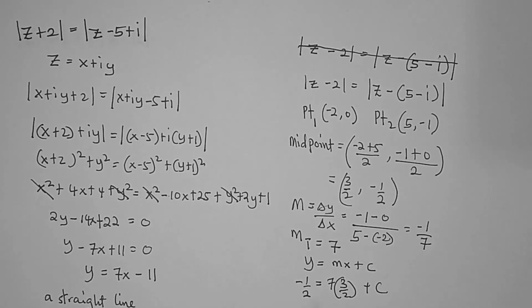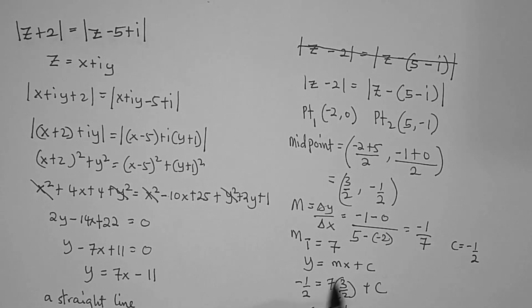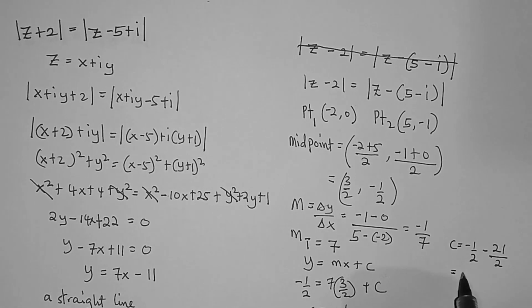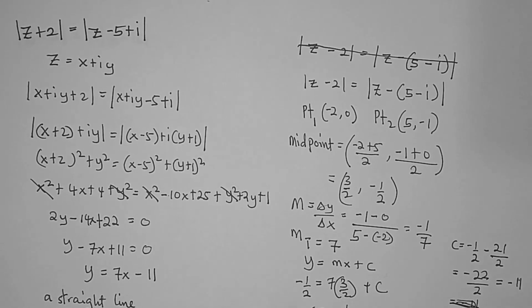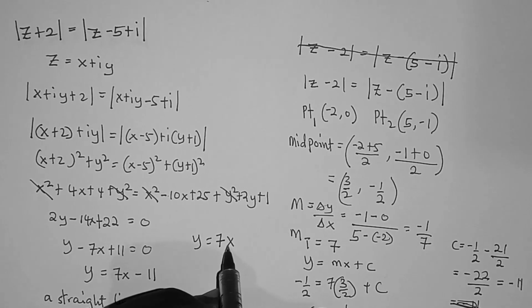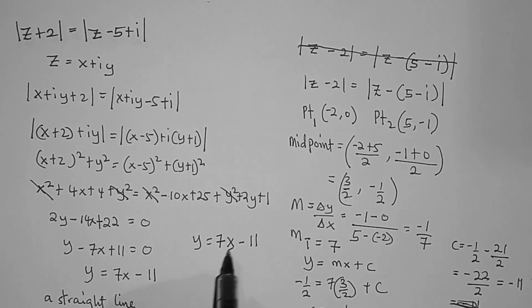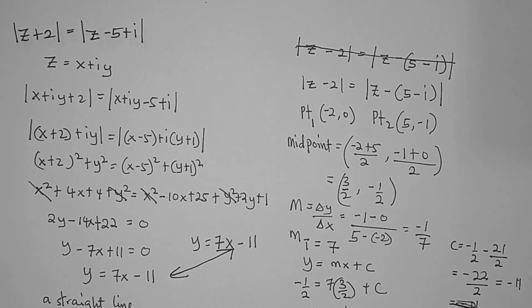So c is equal to minus 1 over 2 minus 21 over 2, since 7 times 3 is 21. And this is equal to minus 22 over 2. Therefore, c is equal to minus 11. Therefore, the equation of the line is y equals m, which is 7x, then c is minus 11. So you can see that using both methods will still give us the same answer.